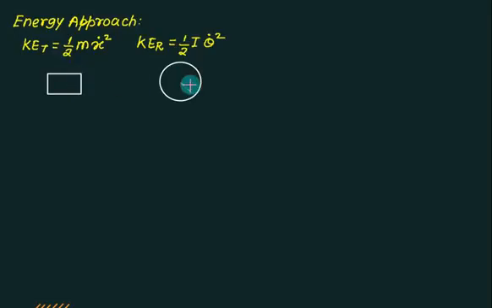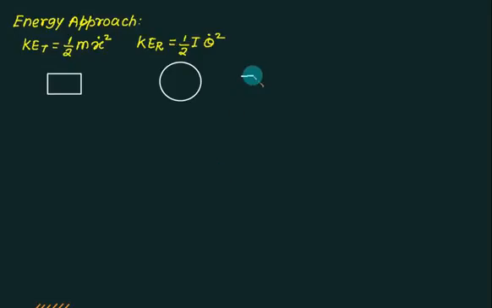But when you have a disk, and the disk will go this way also and will rotate, that is a rolling motion. So it has both kinetic energy of translational plus kinetic energy of rotation. When it is pure rotation, no translation. But when it is roll, it means translational plus rotational. So it's a combination of both. So you have to first check the figure and see the movement of the disk.